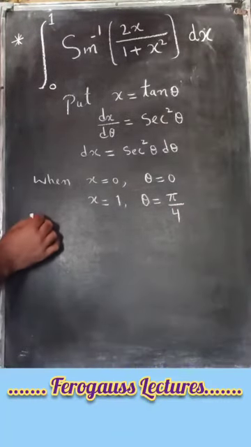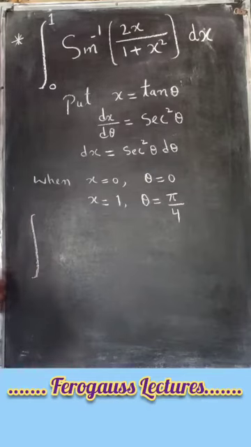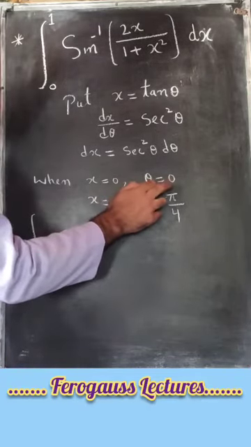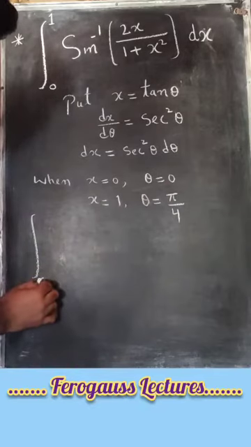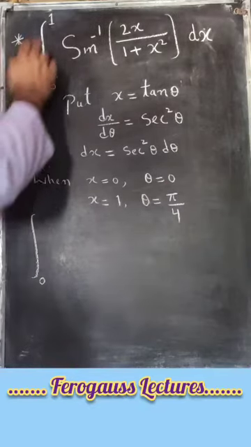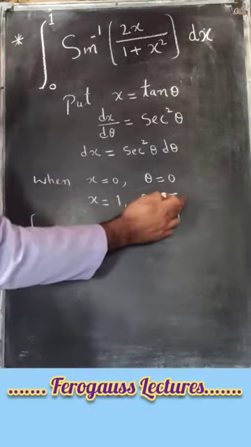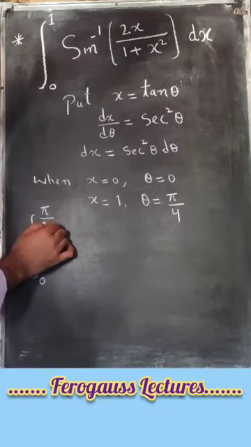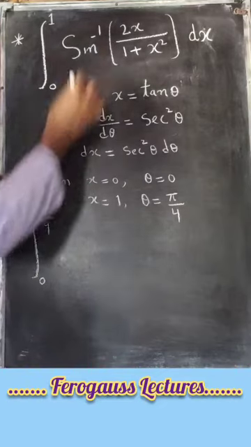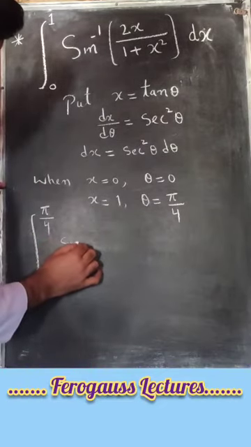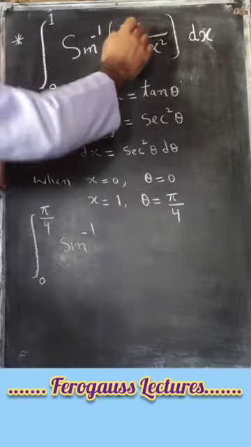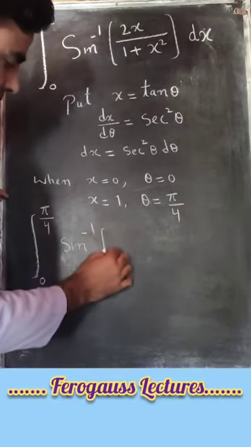Now we can write the integral. Now instead of 0, we have to write this 0 to 0, and instead of this upper limit we have to write pi by 4. Then we have sine inverse of 2x by 1 plus x square.